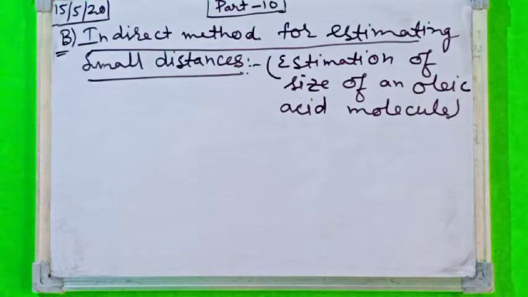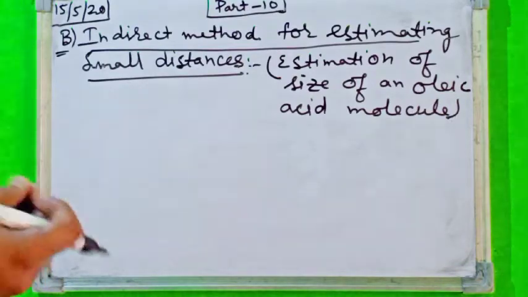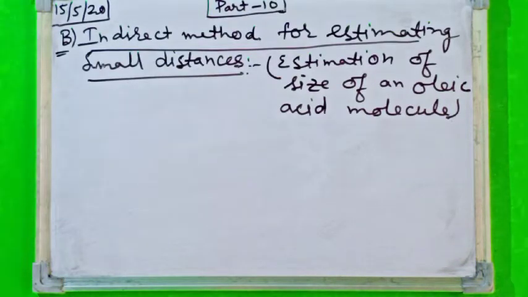We will study the process which we adopt for the estimation of the size of an oleic acid molecule. We will understand the steps one by one, and we must be very careful and imaginative to understand this concept of the indirect method of estimating small distances. So with very much concentration, try to understand this method.